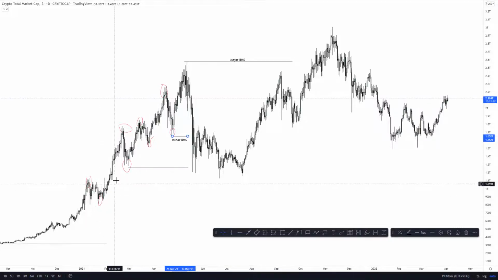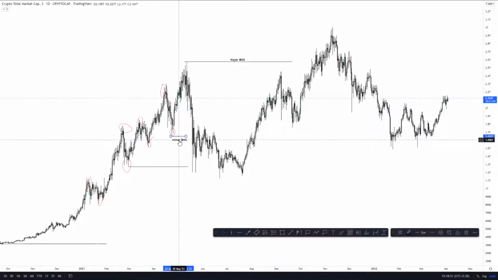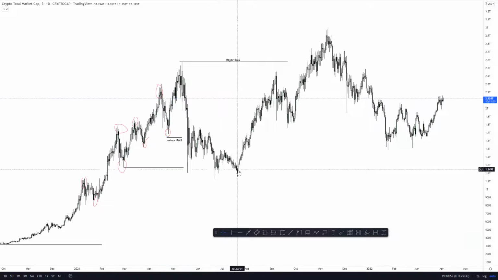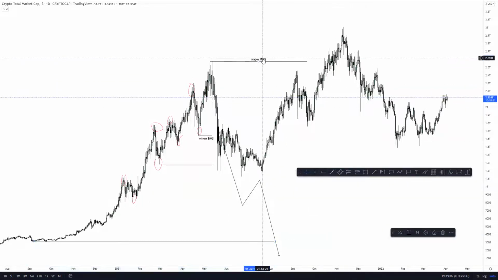All these internal lows, lower highs, lower lows, I call internal liquidity. Price took out this internal liquidity just after making the minor BMS, just to make a pullback. If price had made this low and taken out the last low here, I would have called that a major BMS.